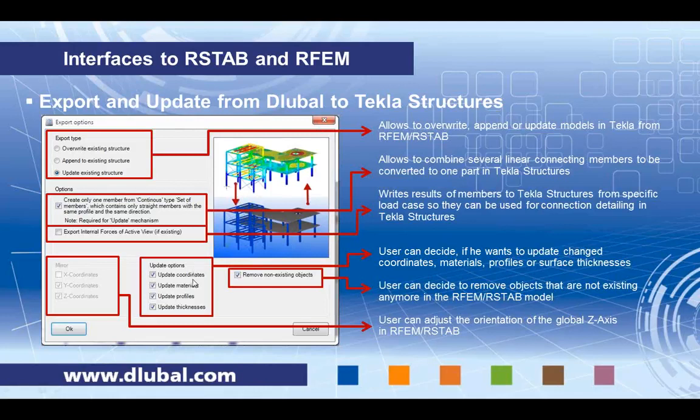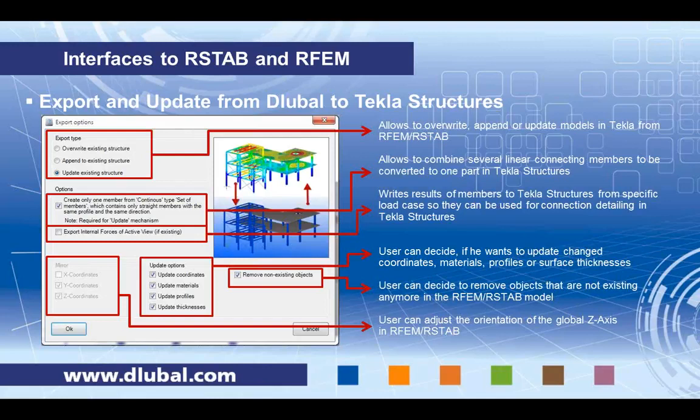Updating allows us to update coordinates, materials, profiles or cross-sections, and thicknesses of slabs, walls. I have also here another special option that is called remove non-existing objects. If it is checked and I export into an existing model and I have in Tekla something which is not there in the RFEM model, it will remove this non-existing object, this in RFEM existing object also in Tekla.